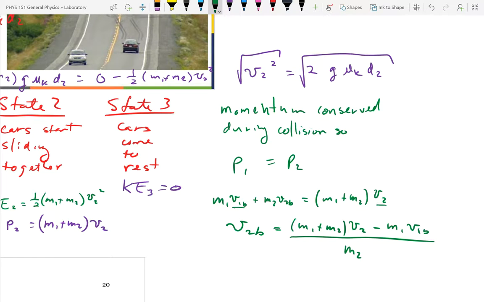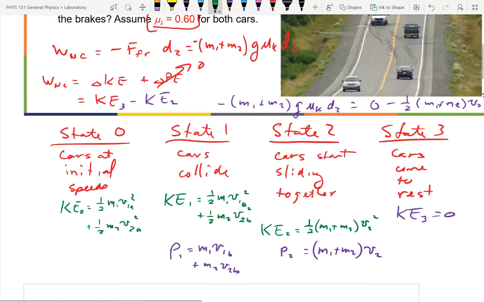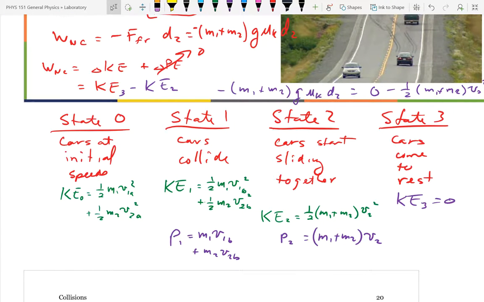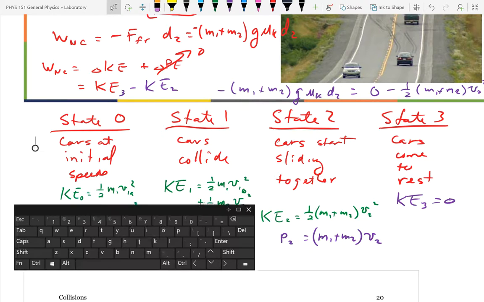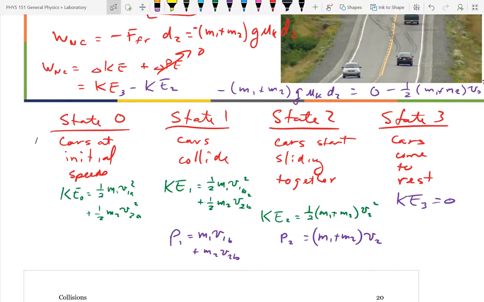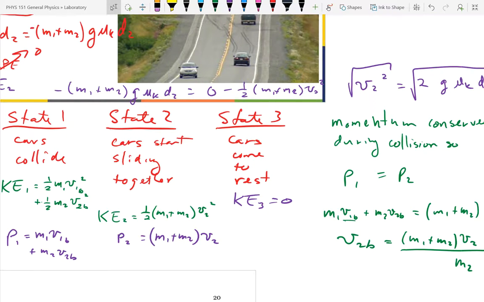And then the final step to determining how fast car 2 was traveling before he hit the brake, so we can determine how big to make his speeding ticket, is to relate the work energy between state 1 and state 2. Which car do I care about for this part of the calculation?